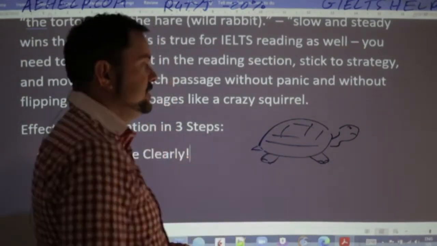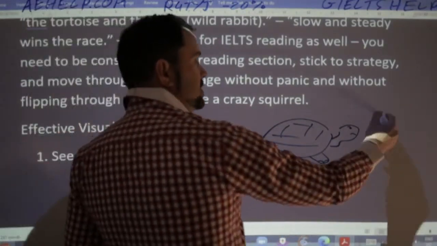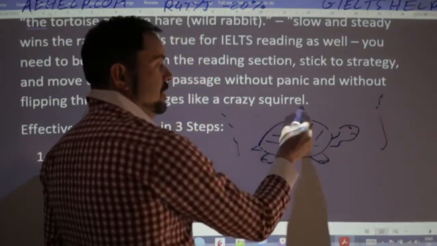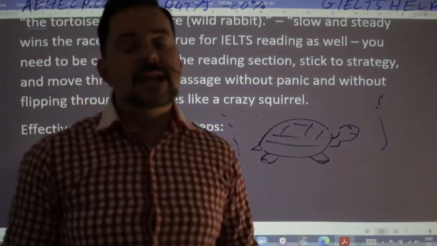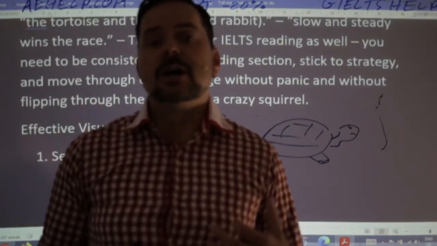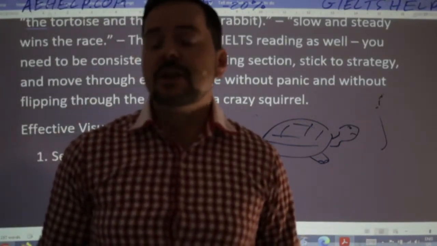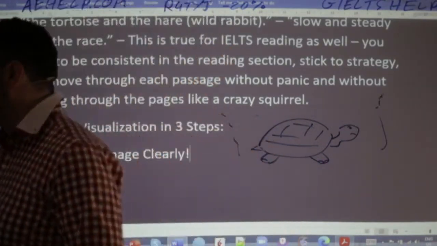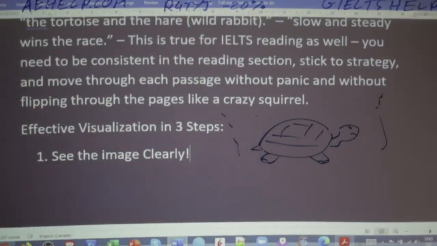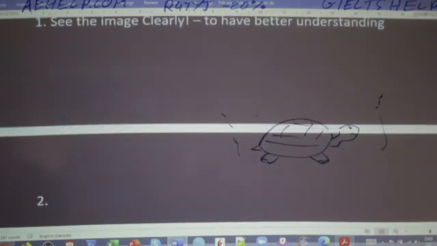So see the little tail, see the trees around it. Okay, see its little buddies. So really give it that extra bit of attention to see details, to have clarity. When you do that, you're going to understand the information much, much more, okay? So to have better understanding, that's why you want to see images clearly, okay?